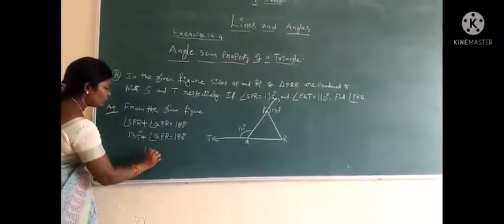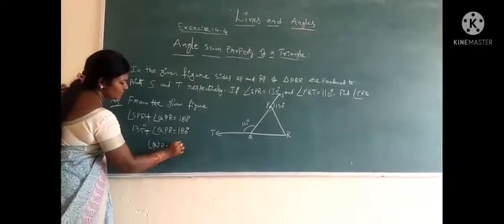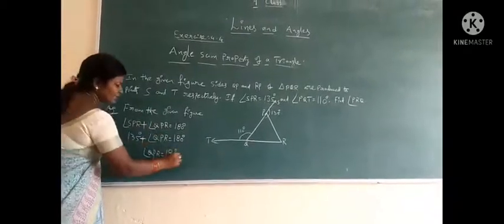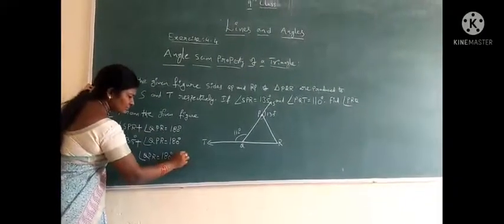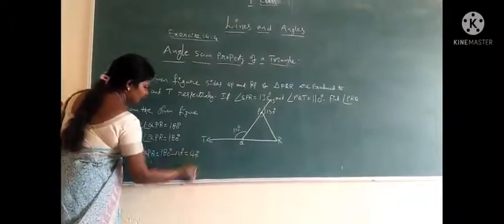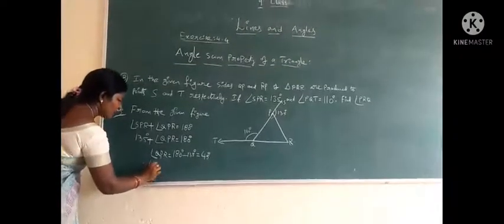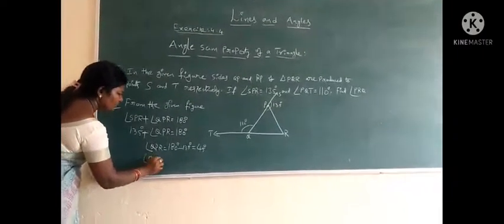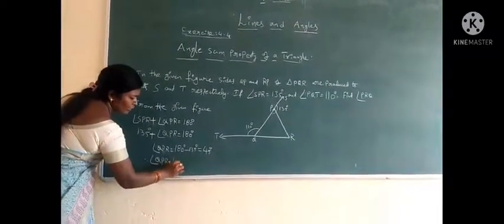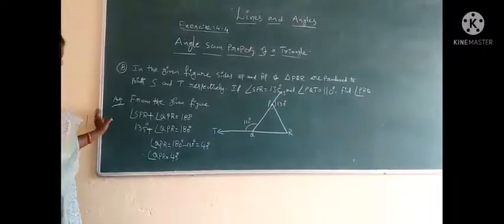Angle QPR is equal to 180 degrees minus 135 degrees is equal to 45 degrees. So therefore angle QPR is equal to 45 degrees.